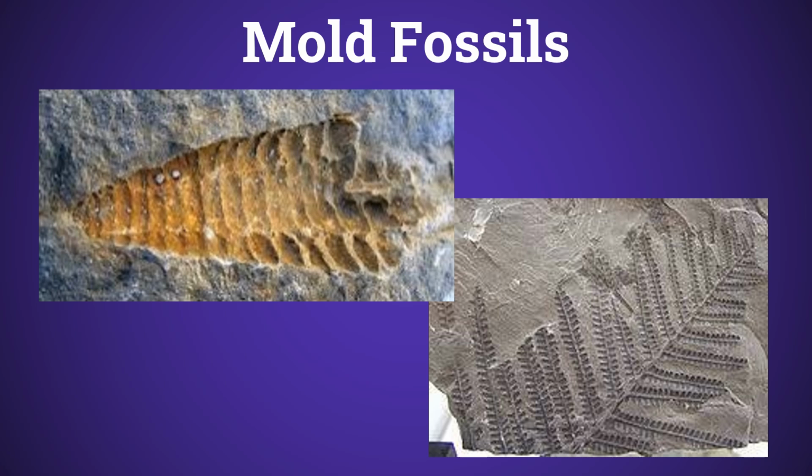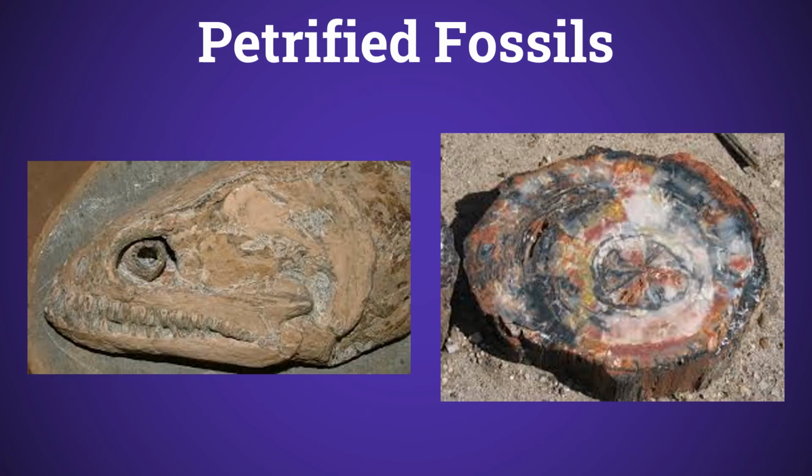Mold fossil is an imprint of the organism on a rock, such as this shell mold and a leaf imprint. Petrified fossil occurs when the organic matter is replaced with minerals and turned to stone. This fish and this wood are petrified.